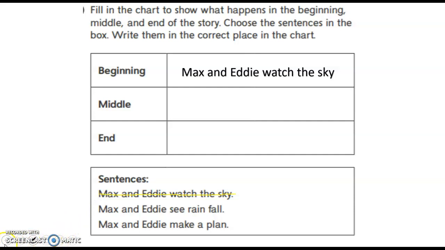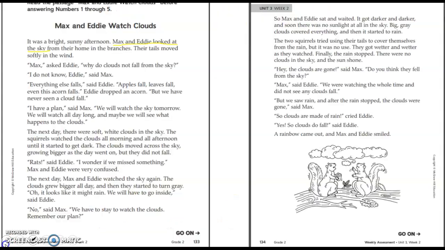So now I'm down to Max and Eddie see rainfall and Max and Eddie make a plan. So let's go back to my text. So we know the first thing they did is they looked at the sky. I keep reading.